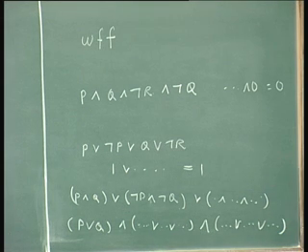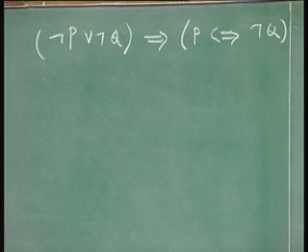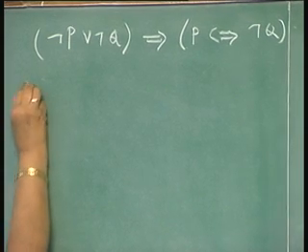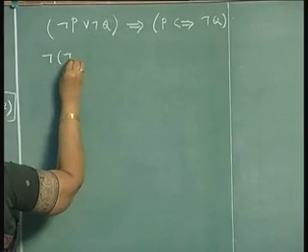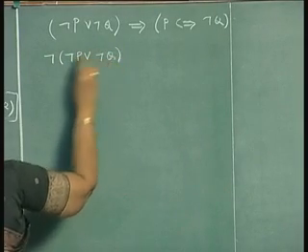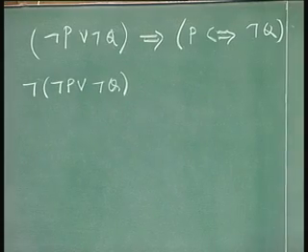Let us take one more example here. So, this is the formula and we want to bring it to conjunctive normal form. So, this you can write as not of P or not of Q, using the rule for implication.